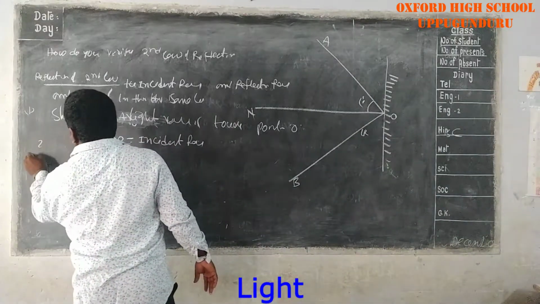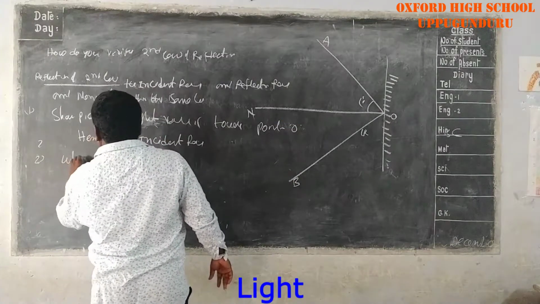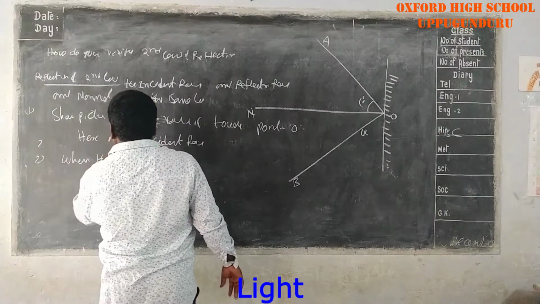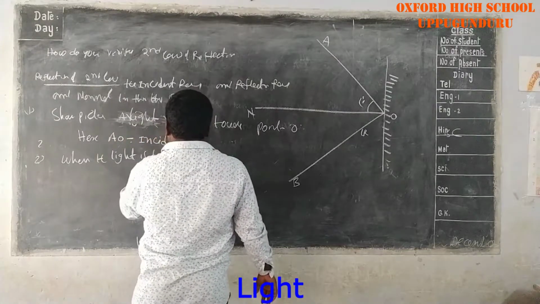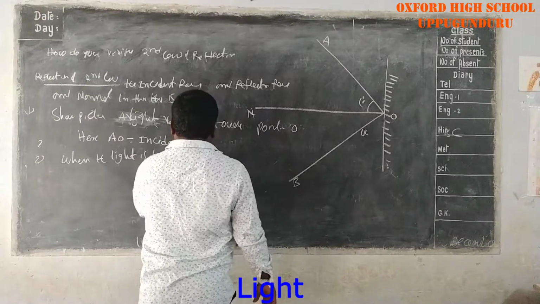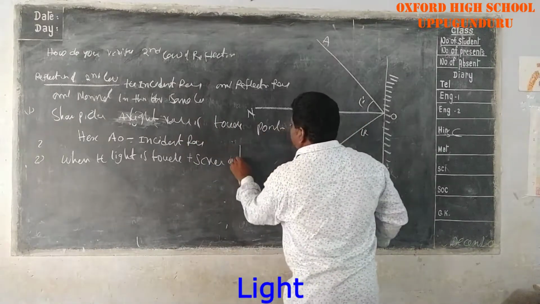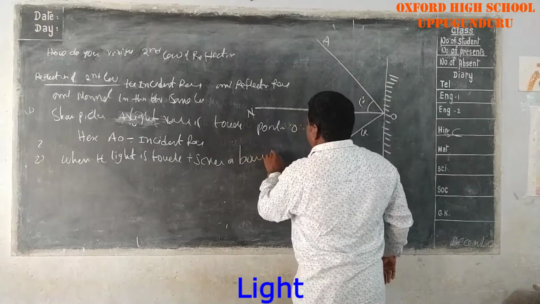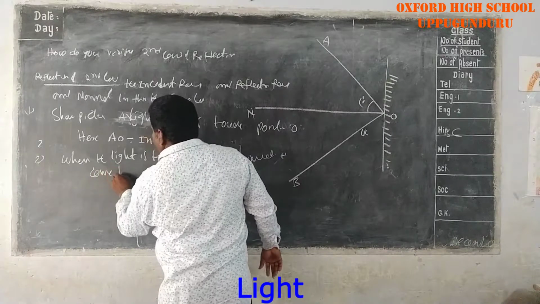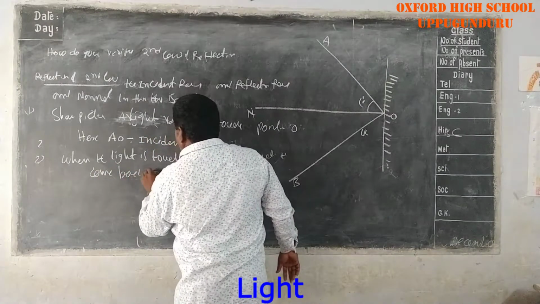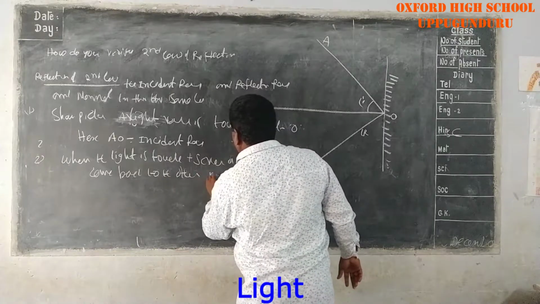Third point: when the light touches the screen, it automatically bounces and goes in the other direction. That is called BO.